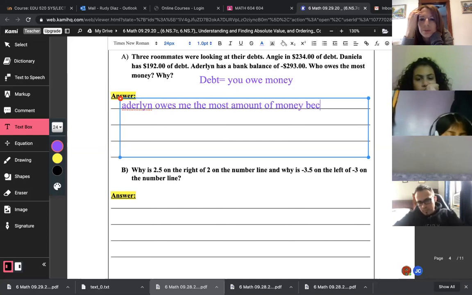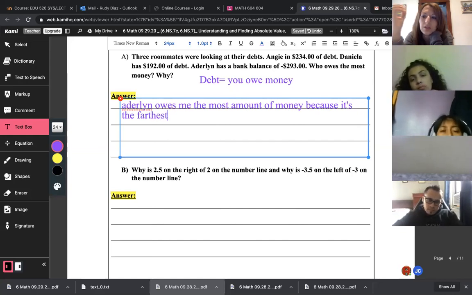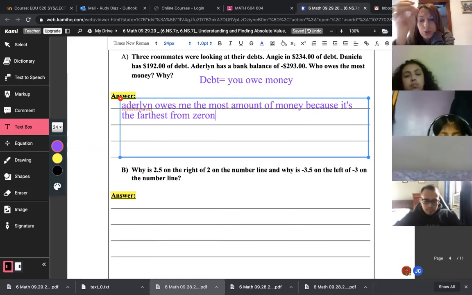Why does she owe us the most amount of money? Because it's not close to the 0. You got it. Yeah, and we call that right because it's the farthest from 0. Good job.